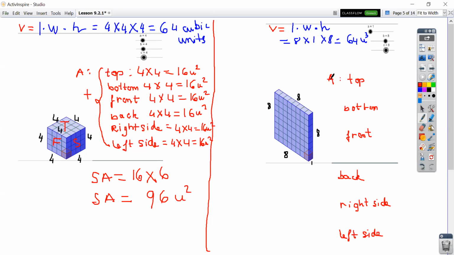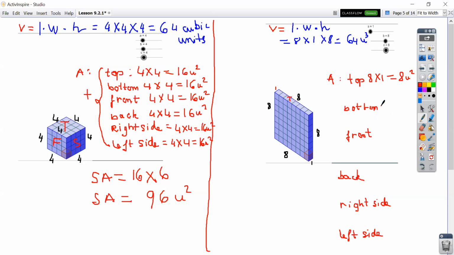The surface area. The top goes by 8 for the length and 1 for the width. So 8 times 1 equals 8 square units.